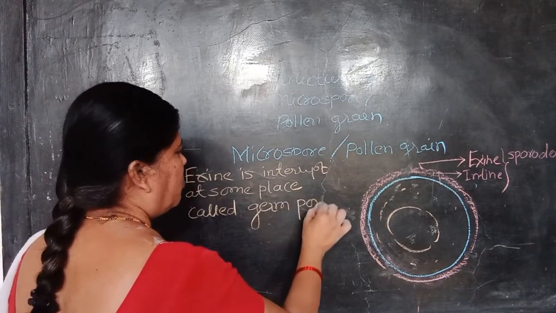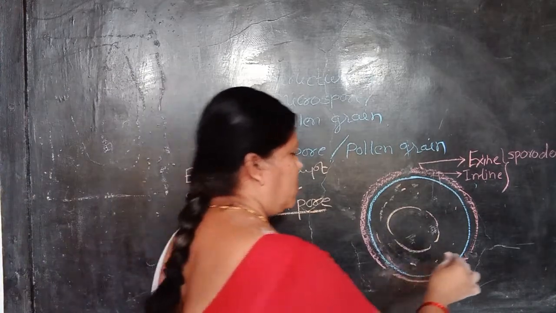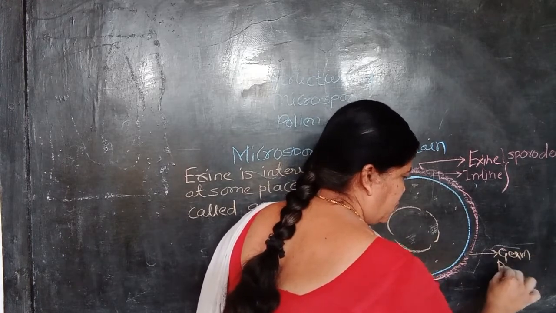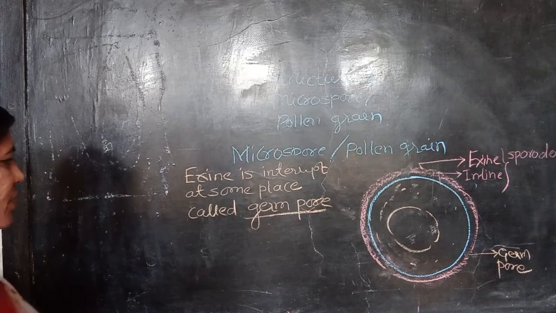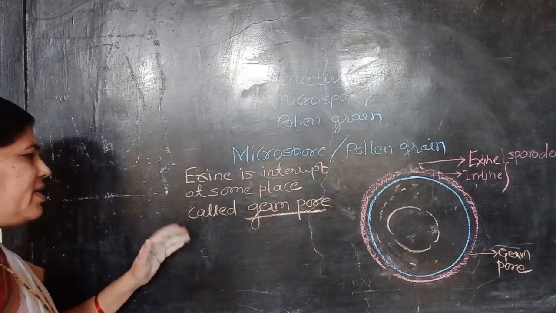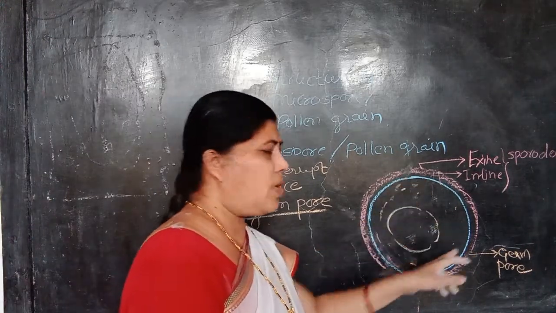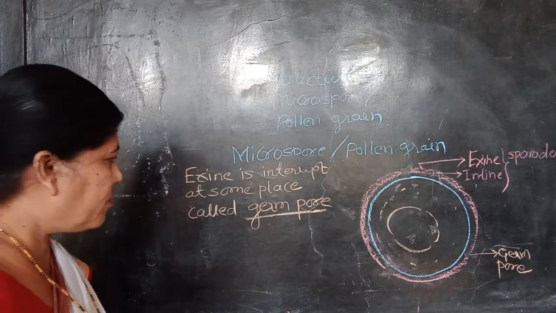So this is called germ pore. You can write this point in very easy language. So exine has small pores, and those small pores are called as germ pores.